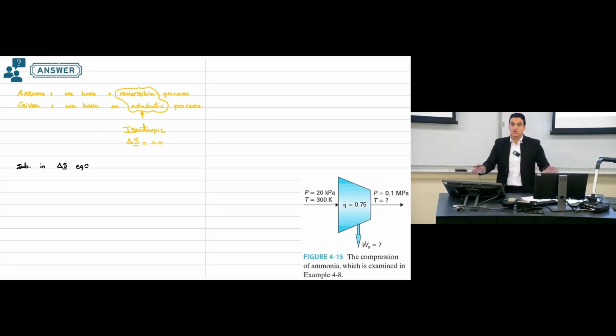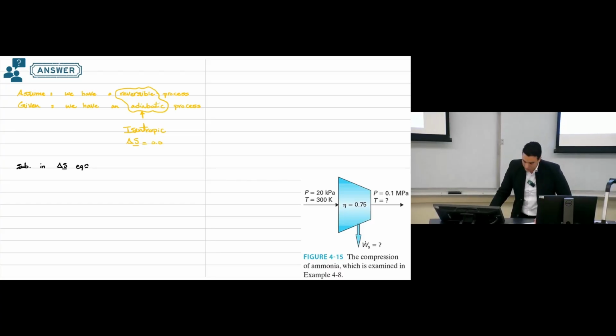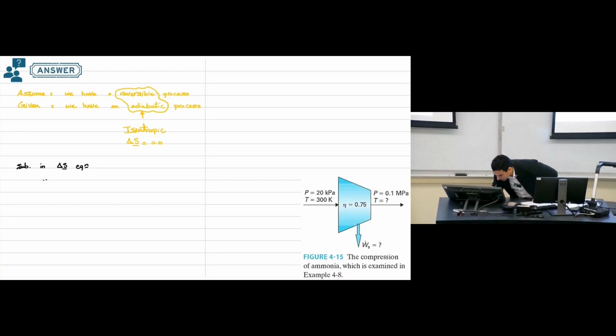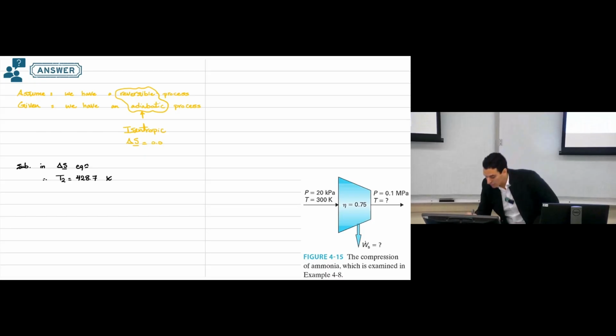So now everything is known except the outlet temperature. So if we substitute in this one, then we can say the outlet temperature T2 will be equivalent to 468.7 Kelvin.